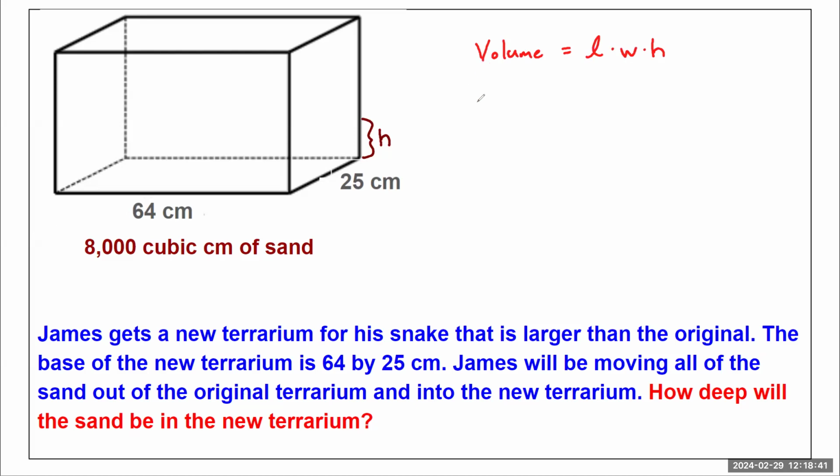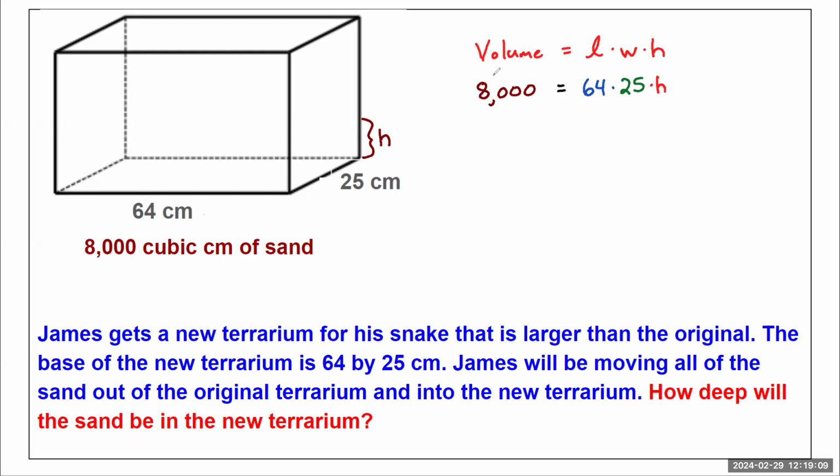What we do know is that the current volume is 8,000 cubic centimeters. Volume becomes 8,000. The length is 64 centimeters, and the width is 25 centimeters. We don't know what that new height is going to be, other than it's going to be less than 8. We're going to leave that as a variable of h.